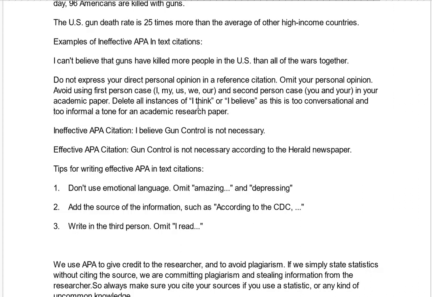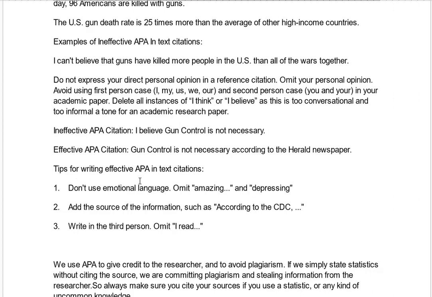Delete all instances of I believe and I think, because that's just way too conversational and informal a tone for a research paper. So an ineffective APA citation is I believe gun control is not necessary. Therefore, an effective APA citation is gun control is not necessary. So just stick to the facts.